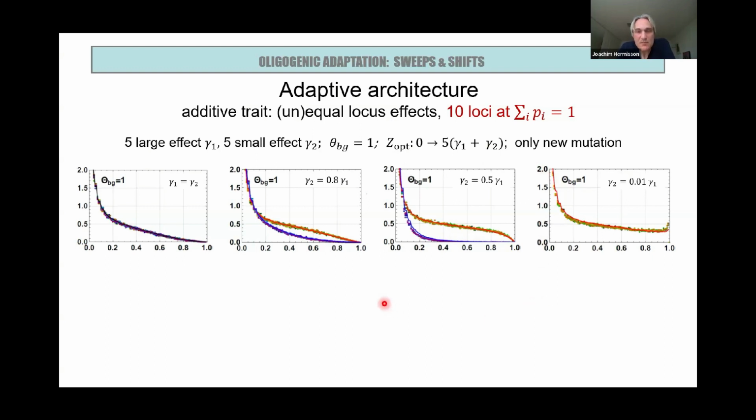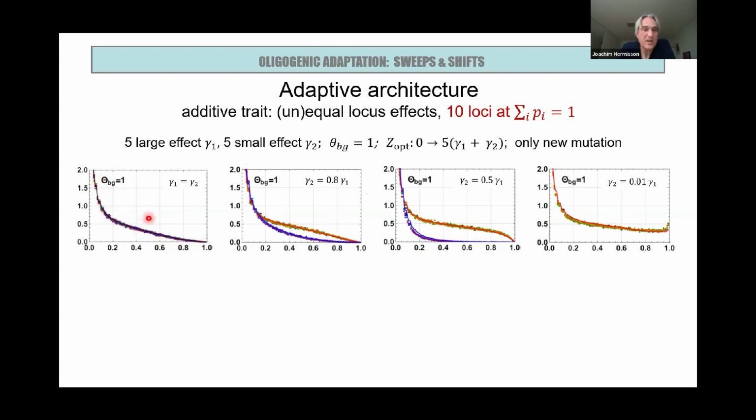All right. And now what we do here is to change the difference between these two groups of loci. So here everybody is the same. This is the marginal distribution at all these single loci, and it's all the same, of course, because this is not ordered according to effect sizes.